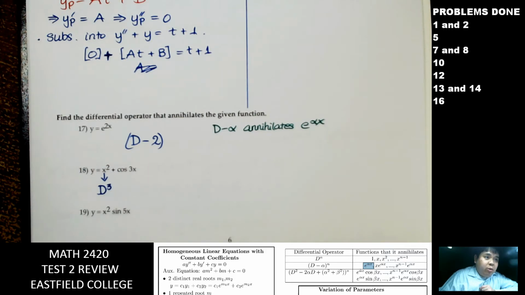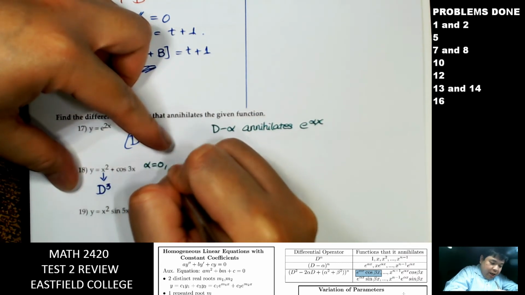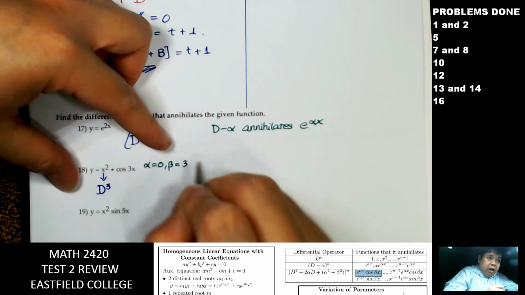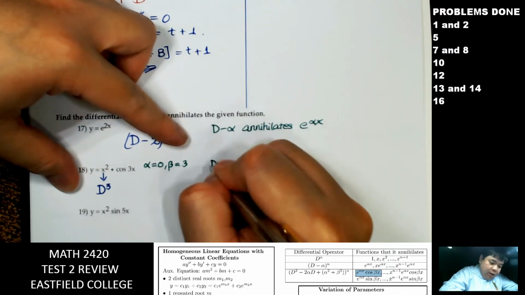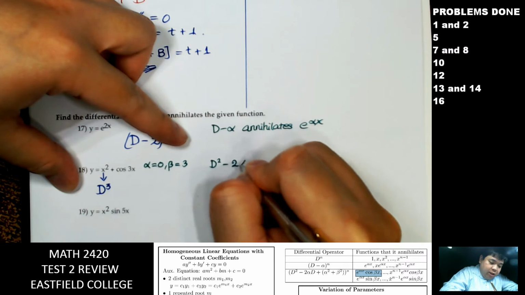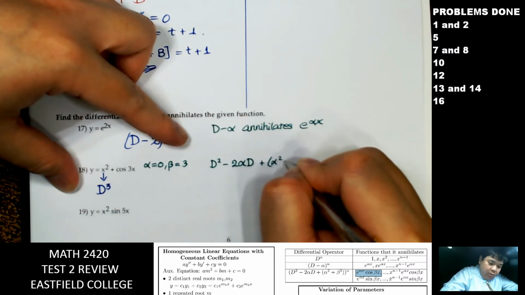So we look for this one. Notice that in this case we do not have alpha x, so we write alpha is equal to 0 and beta is equal to 3. And the annihilator is in this form: d squared minus 2 alpha d plus alpha squared plus beta squared.